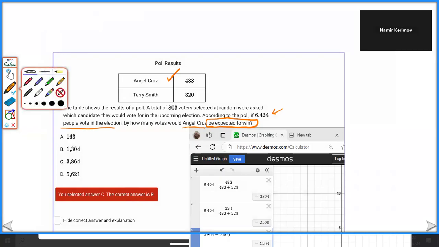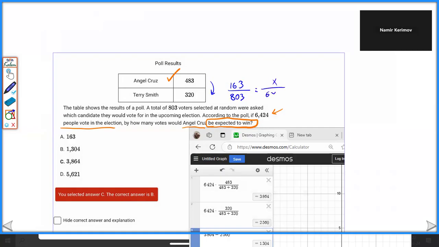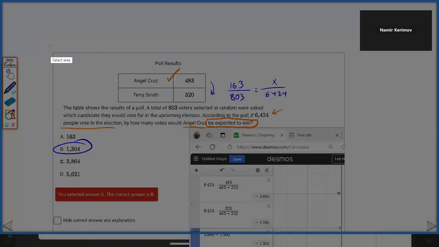Yes. Then divide by 803 equals x over 6,424. What is the difference? 163. So 163 out of 803. So x over 6,424, again, that will be 1,304.